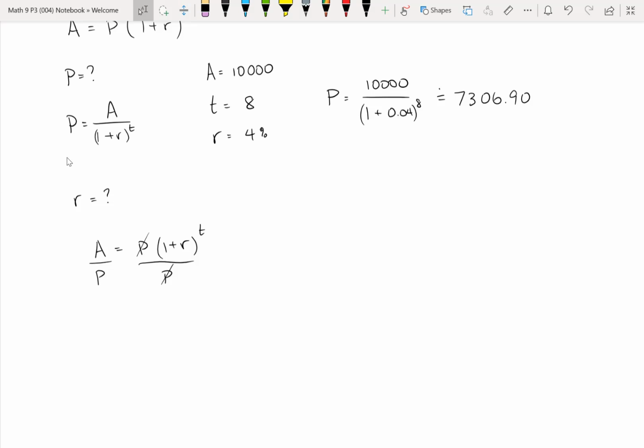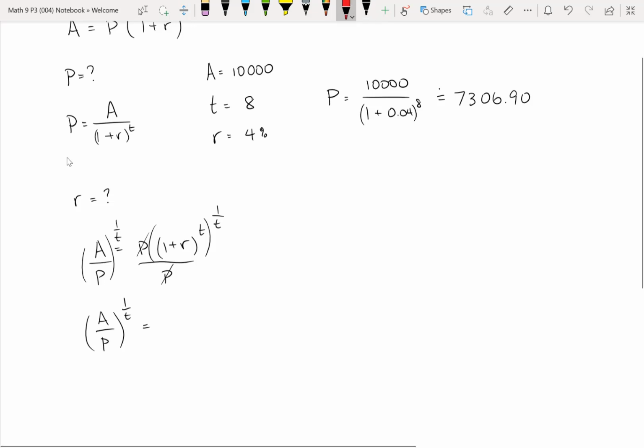So we'd like to get an exponent of just 1 outside the brackets, and the way to do that is to raise this to the power of 1 over t. So if I raise the right-hand side to the power of 1 over t, I need to raise the left-hand side also to the power of 1 over t. And so now I have A over P raised to the power of 1 over t.